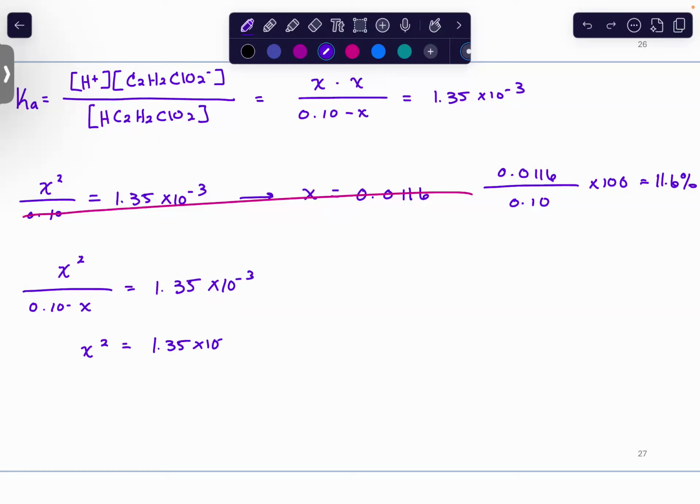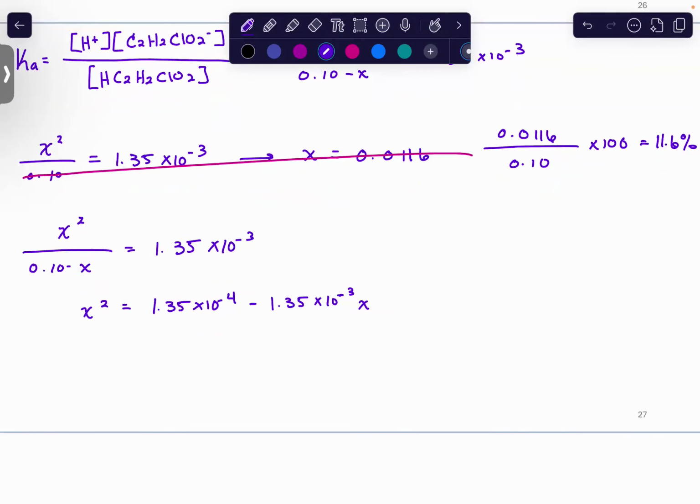Yep, 10 to the negative fourth. All right, and then we move everything to the left side.